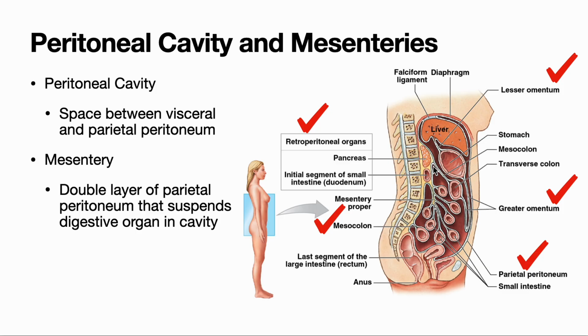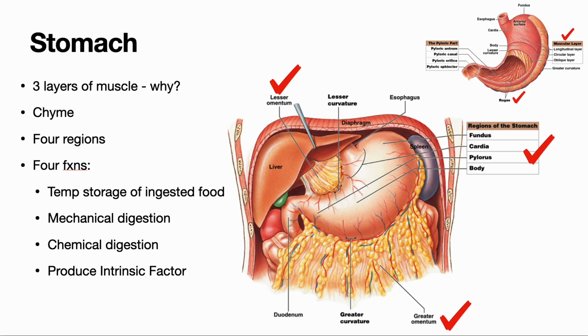So some organs are what we call retroperitoneal. They are behind that serosa, and that would include things like the pancreas, a piece of the duodenum, and the last segment of the large intestine, or the rectum. So not everything is technically within the peritoneal cavity due to the anatomical structure of the mesentery.